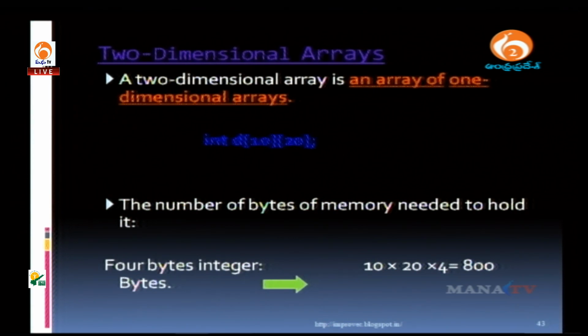Next we go for the two-dimensional array. A collection of one-dimensional arrays is called a two-dimensional array. A second definition: a collection of rows and columns is called a two-dimensional array. It is a part of the multi-dimensional array.